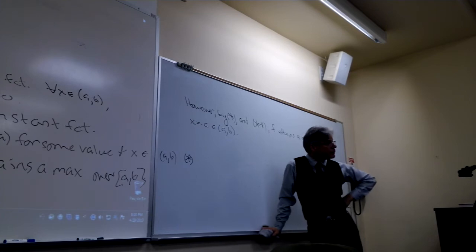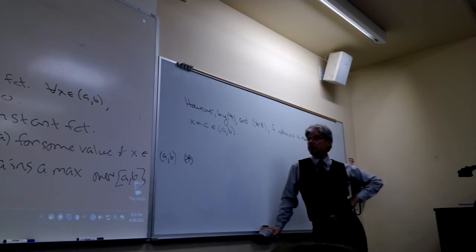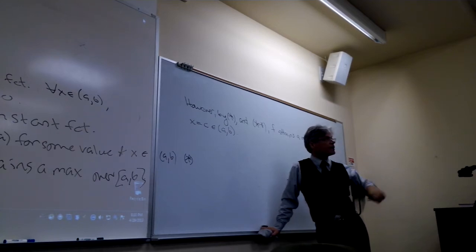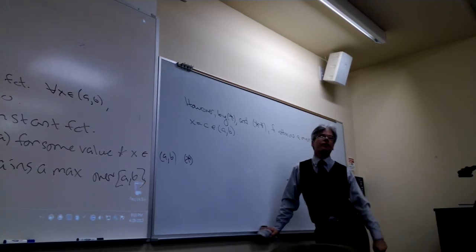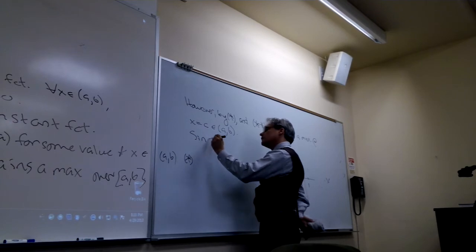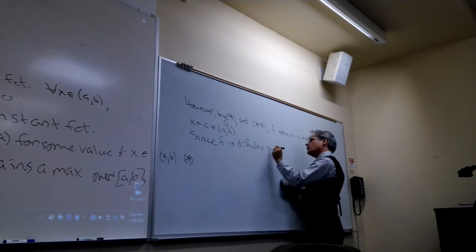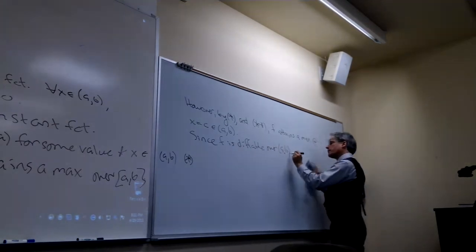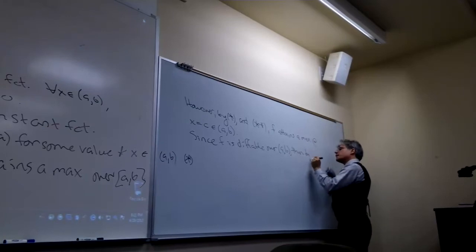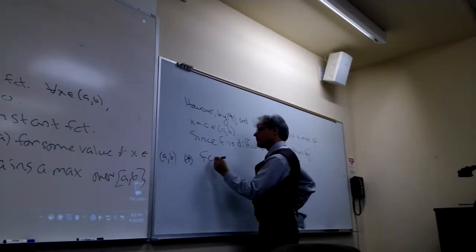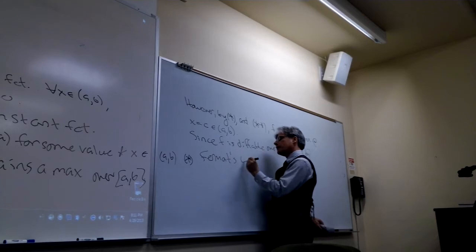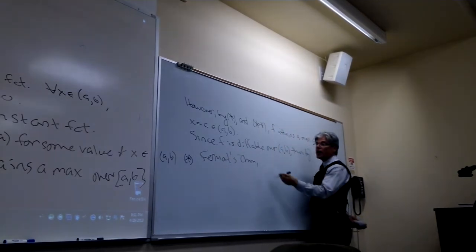However, you and I have already taken some time in class proving Fermat's theorem. If I attain a max or min over some interval, then the max or min is going to have a derivative equal to 0, if the function is differentiable. And since f is differentiable over this open interval, by Fermat's theorem, f prime of c is equal to 0.